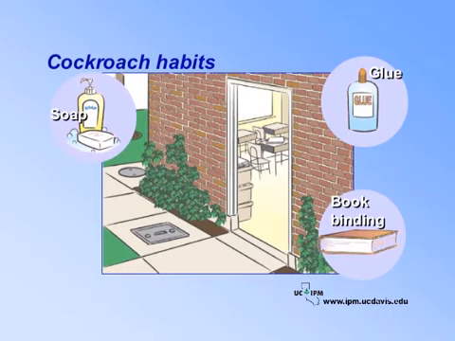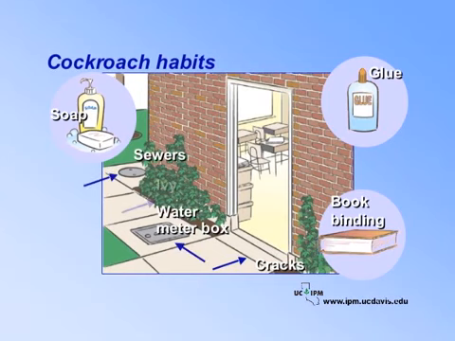In general, outdoor cockroaches can be found in cracks and crevices, water meter boxes, sewers, ivy and wood piles. They may enter buildings on their own looking for food, water, and shelter, or they can be carried in on deliveries or student books and backpacks.